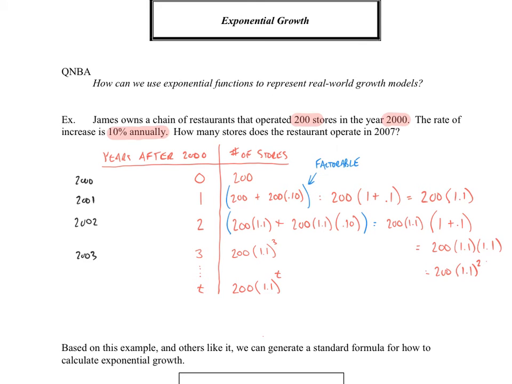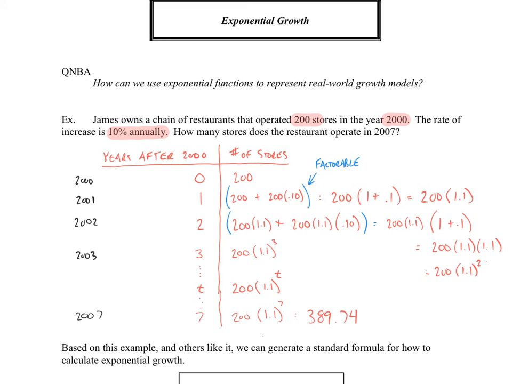So the question is asking us, in the year 2007, when it's 7 years later, then how many stores will they have opened? Well, that's going to be 200 times 1.1 to the 7th power, which equals 389.74.